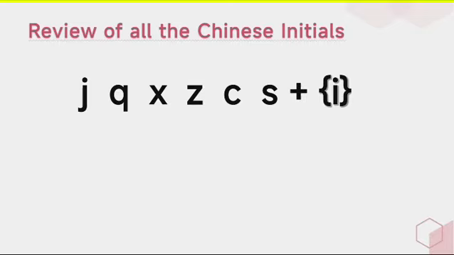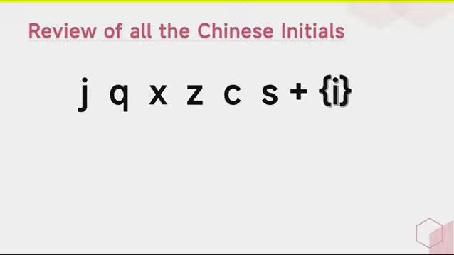The third group includes ji, qi, xi, zi, ci, si. What these initials have in common is that they all share a hidden vowel. Ji, qi, xi, zi, ci, si.